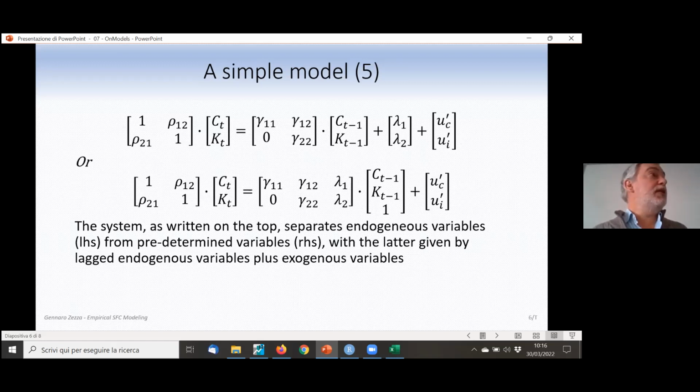And since we have normalized the first matrix on the left, which is the matrix of the parameters giving the contemporaneous connection between consumption and investment, it will have only one on the diagonal, then these will depend on the lagged values of the endogenous variables, plus a vector of exogenous variables, plus the random components.